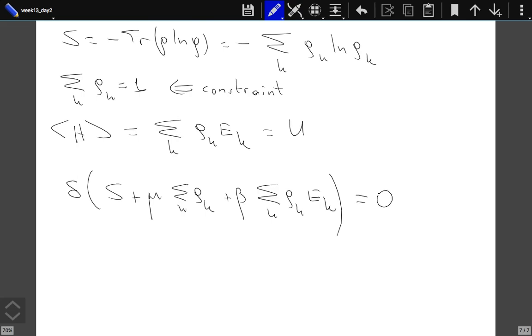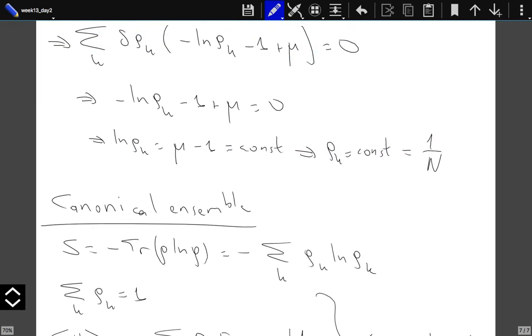Solve for rho k and find the values of mu and beta such that they satisfy our constraints. So we have two constraints here, and two unknowns, mu and beta. They will be just chosen to satisfy our constraints.